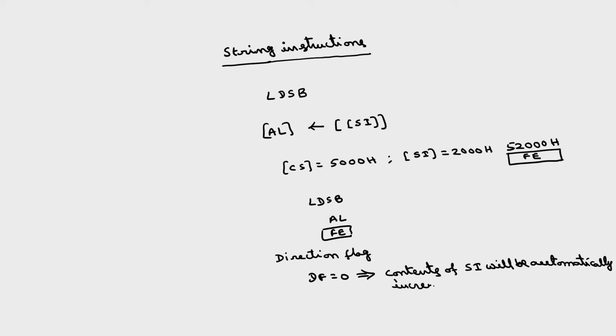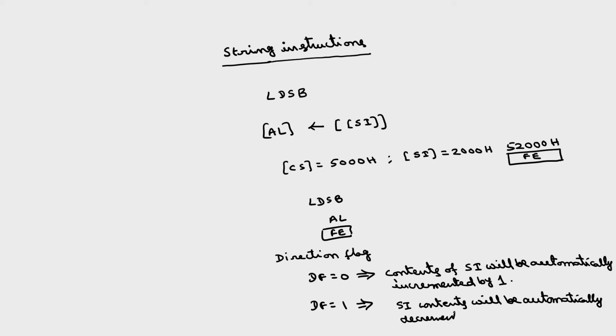On the other hand, if the direction flag is set, the contents of SI will be automatically decremented by 1. This is about load string byte.